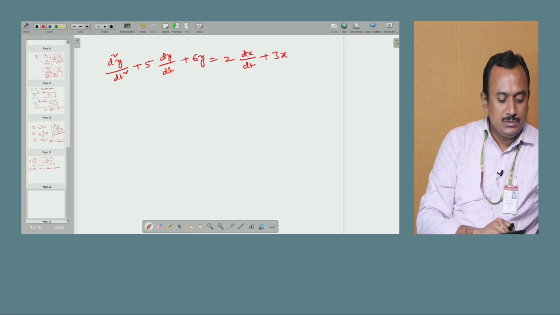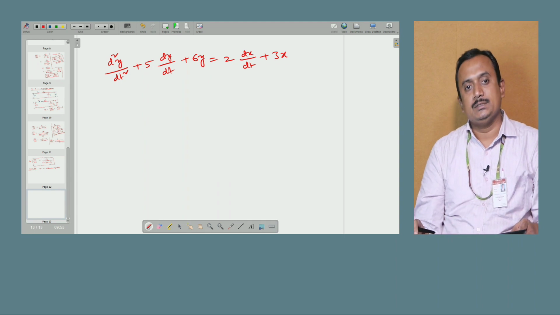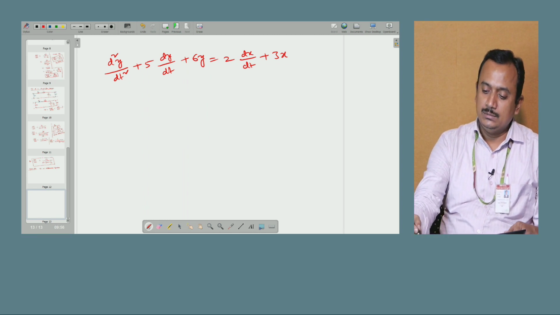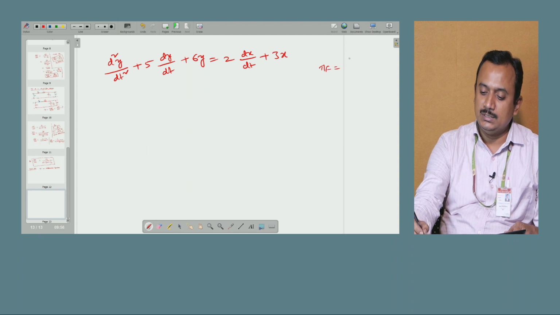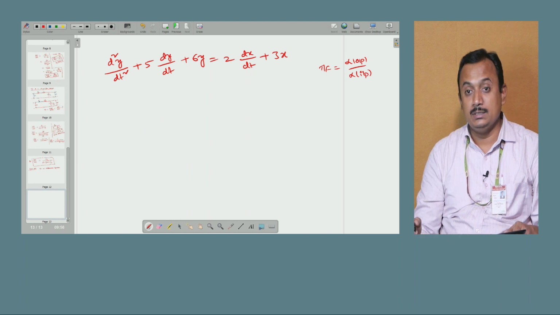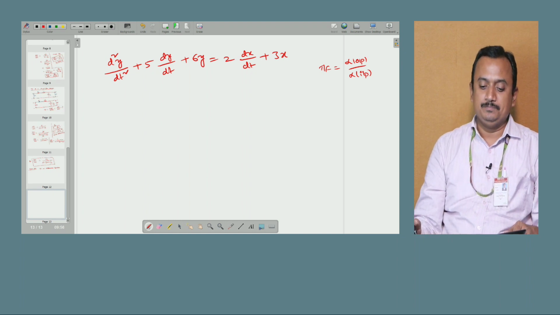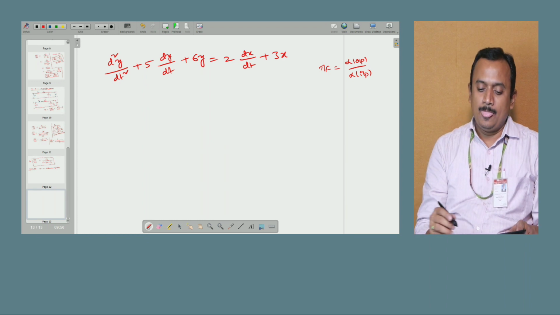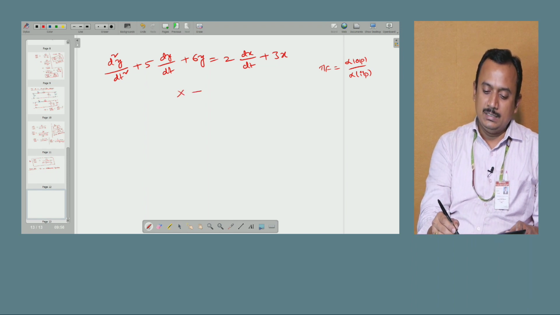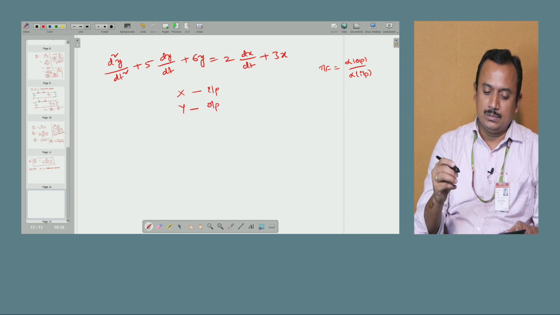Now let us say this is the given differential equation. In this case, how to find the transfer function? Now as we all know, the transfer function is again nothing but the Laplace transform of output by Laplace transform of input, under the initial conditions equal to 0. Now here we will first identify what is the input and what is the output. Now x we will consider as input and y we will consider as output.